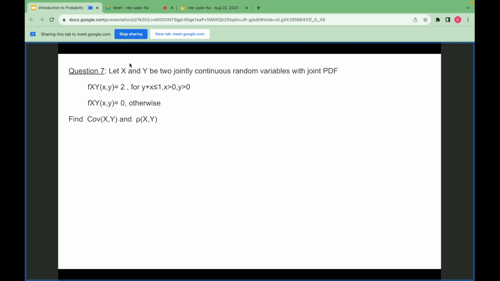We need to find the covariance and correlation coefficient for these two variables.